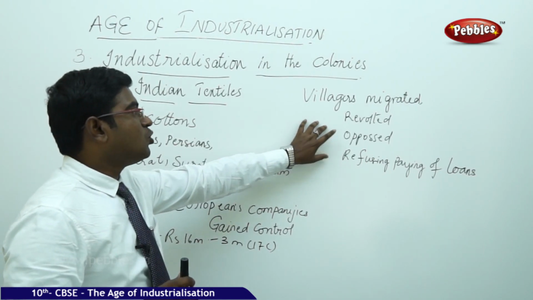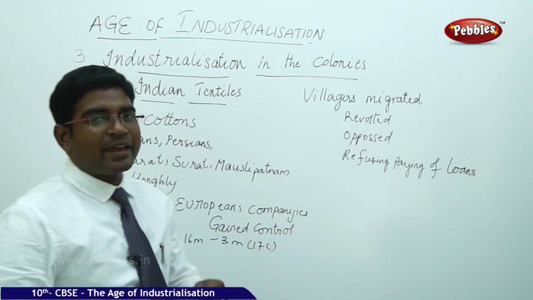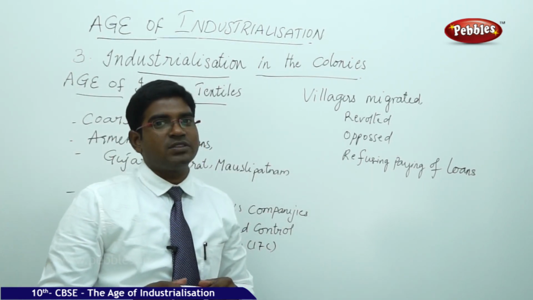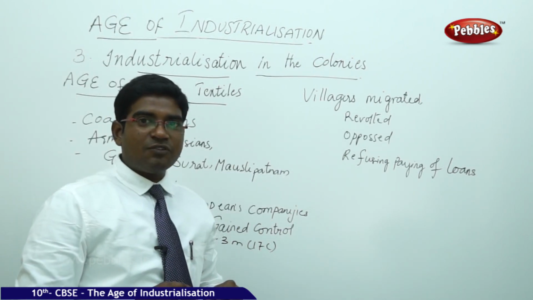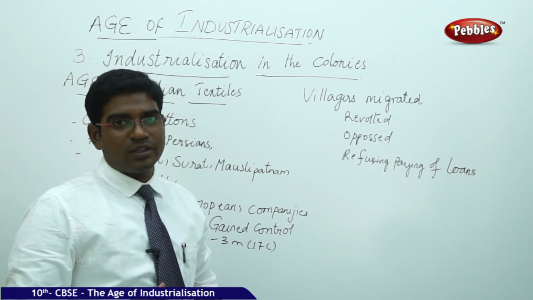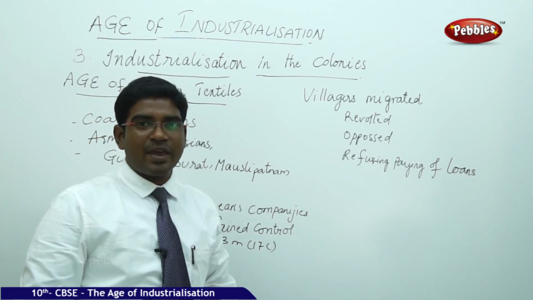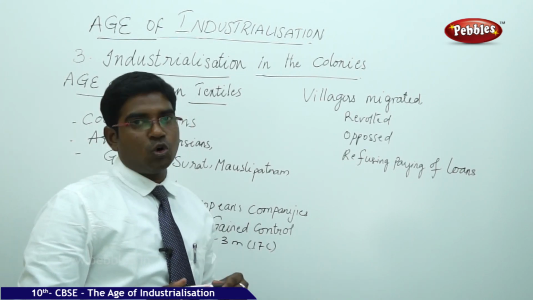Then we shall move to the next point. The villagers revolted against the Britishers' policy, and sometimes they even opposed the company officials who came to give advances or asked them to repay the money, or refused to pay the loan amounts.